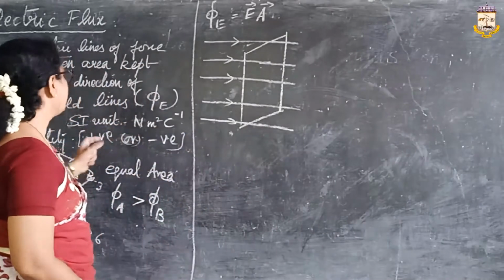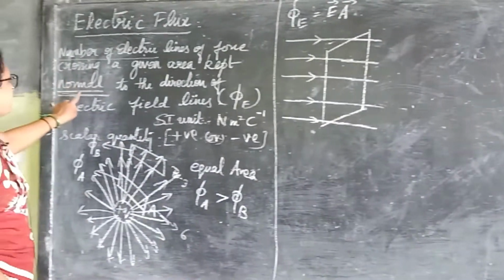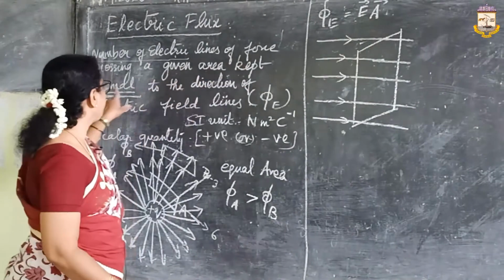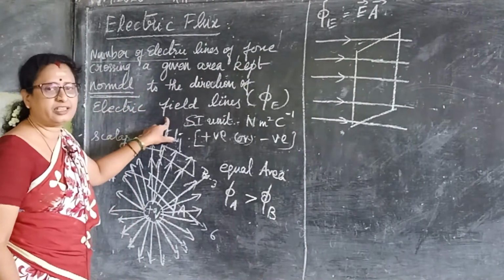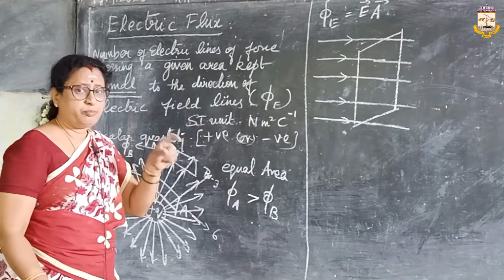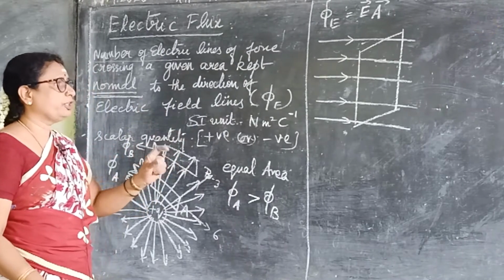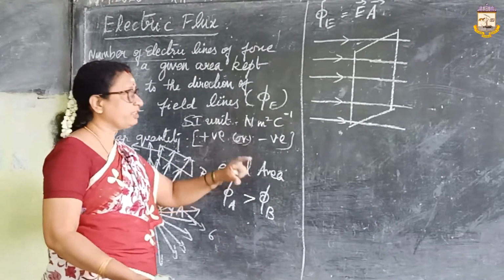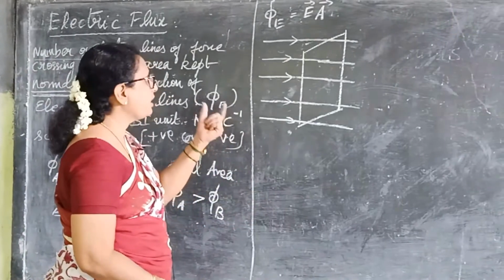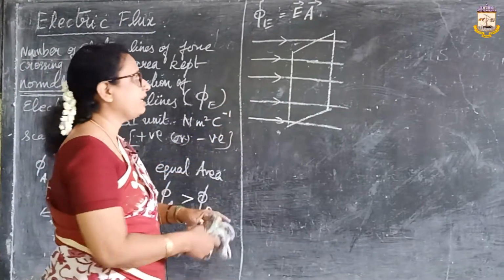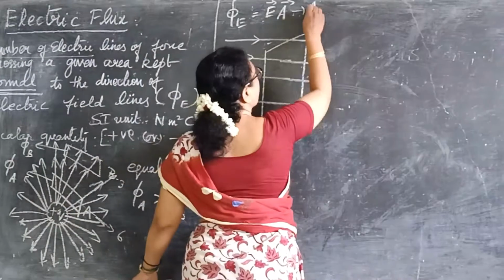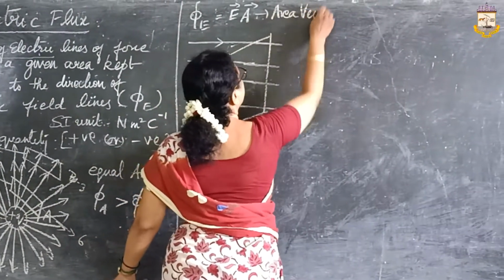But in this case, by definition you can see the given area must be kept normal to the direction of electric field. So we are more concerned about the orientation of the area with the electric field. So area is not only just a scalar, it is a vector. That is why we call this an area vector.